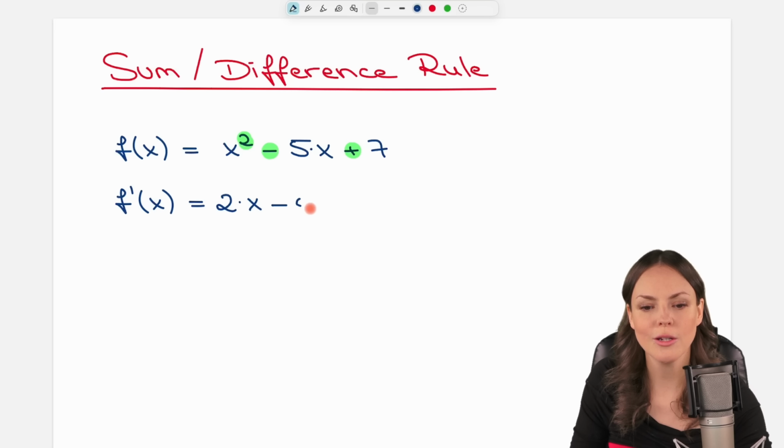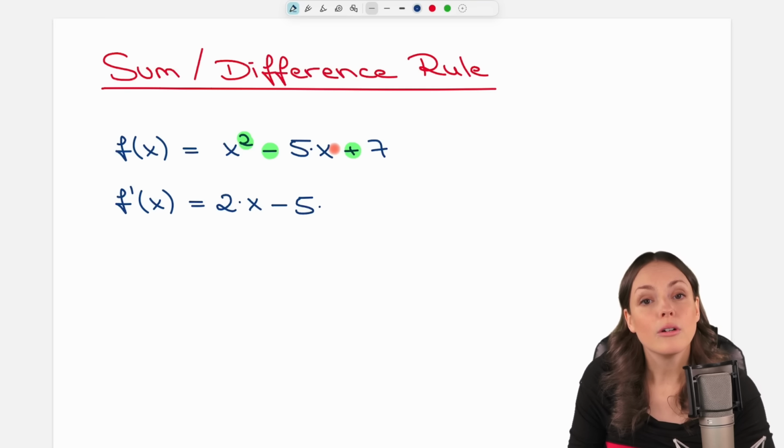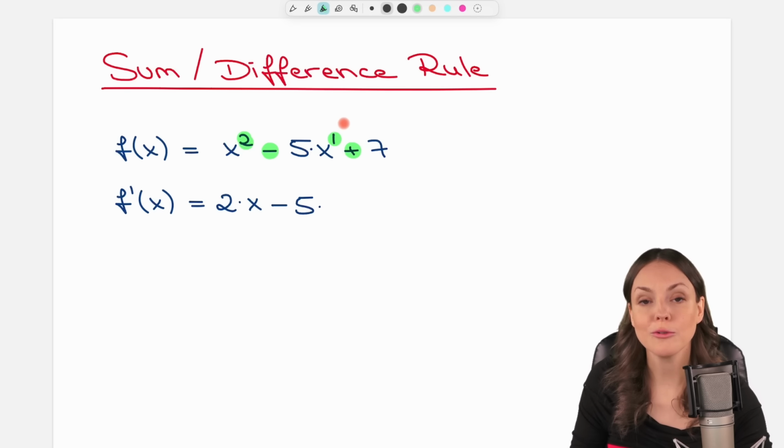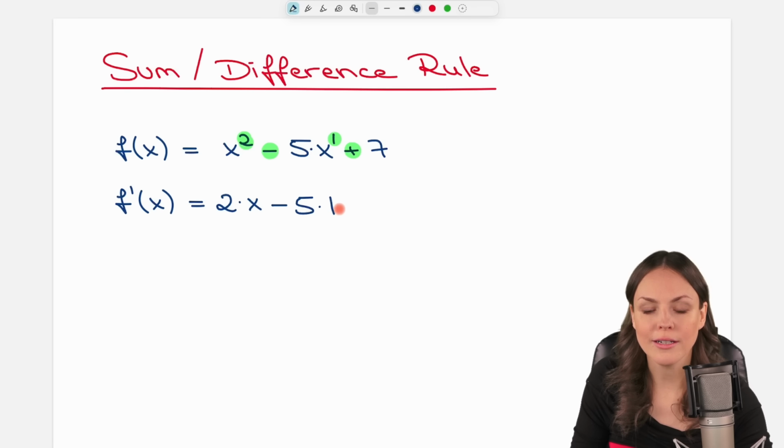We don't change it, we just leave the 5 as it is. And then we take care of the x. This actually is a power as well. It's x to the power of 1. We just usually don't write this exponent, but it's a power, so let's apply the power rule. We take the 1, write it in front, and decrease the exponent by 1 so that we have x to the power of 1 minus 1 equals 0.